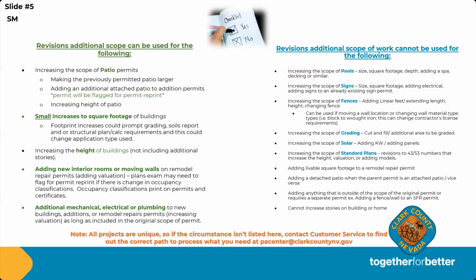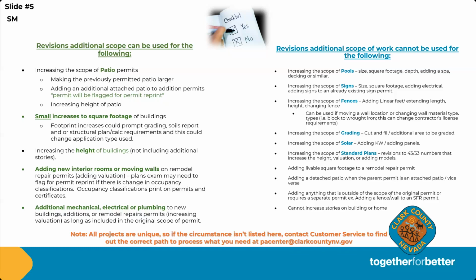Some of the permit types that we cannot do a revision additional scope of work on would be pools, signs, fences, grading, solar, and standard plans, anything that has that 43 standard plan number.